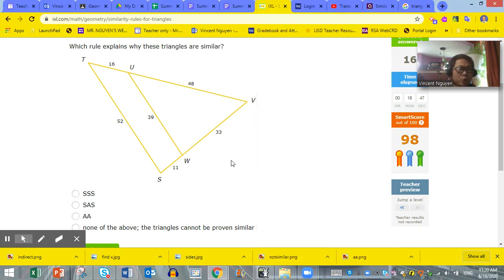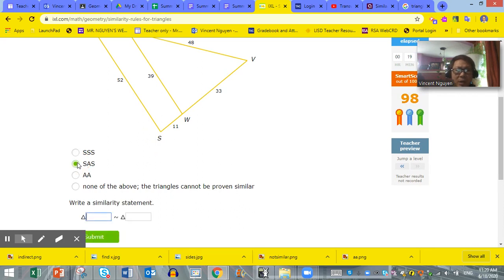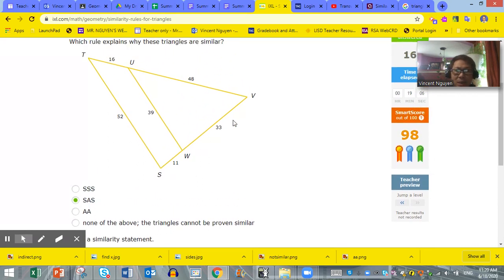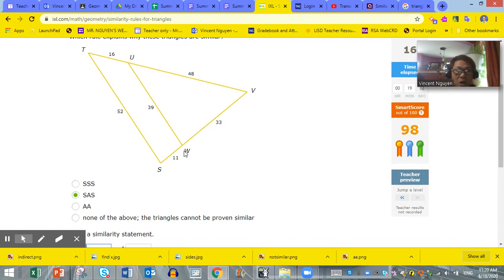Now, why am I just checking two sides? Why did I not check the third one? Well, because this angle right here is congruent to itself. So they share that same angle, which means you already have a pair of angles that are the same. So I can just do side, angle, side for this similarity. To name them, start with the given shared angle, which is V, and then go counterclockwise.